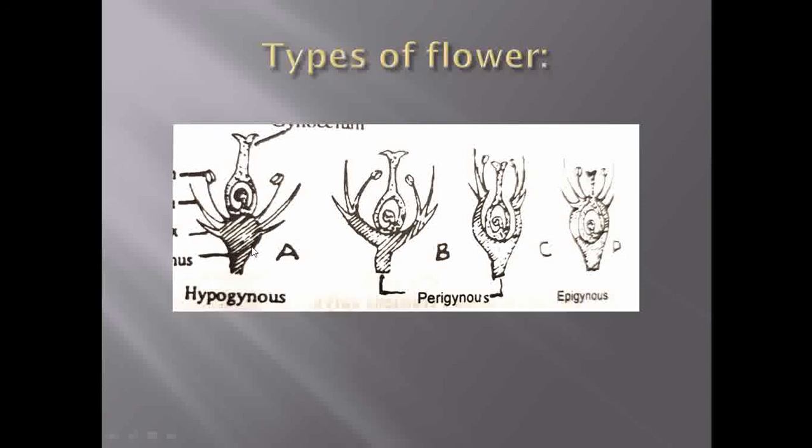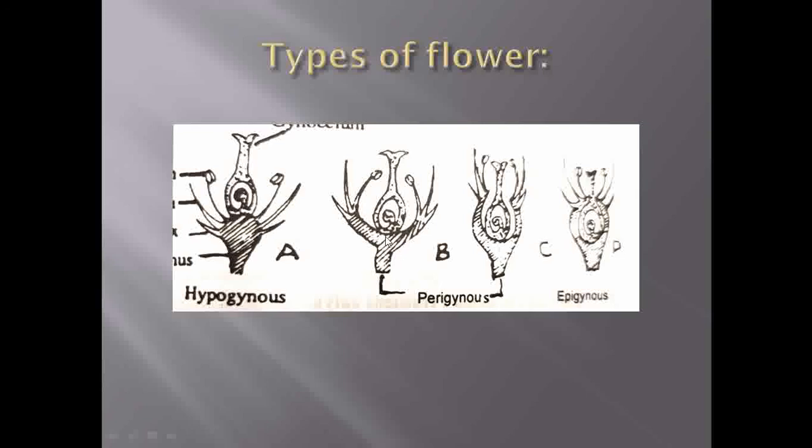If you observe the hypogynous flower, see that the calyx, corolla and androecium are originating from the base of the ovary. This type of arrangement of flower is called hypogynous. Next comes perigynous. In perigynous, two whorls originate from the base and two above the ovary.